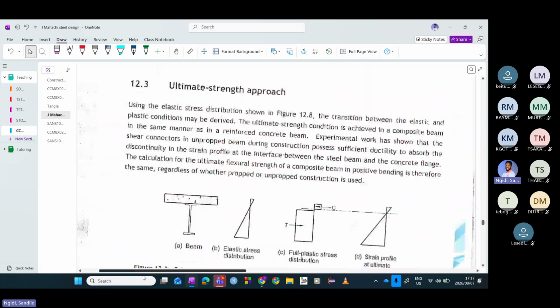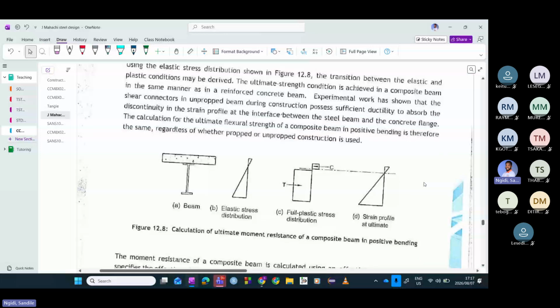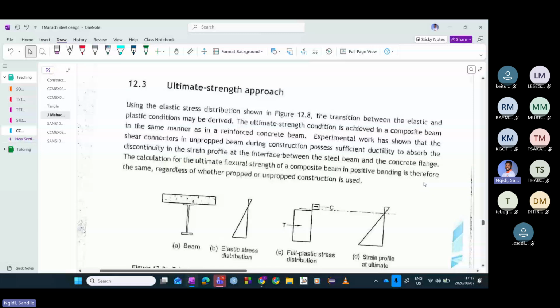the composite beams. So as we mentioned, these ultimate stresses, ultimate strength, ultimate moments, they are still found in the same manner as in a normal reinforced concrete beam. So we still use the same thing.